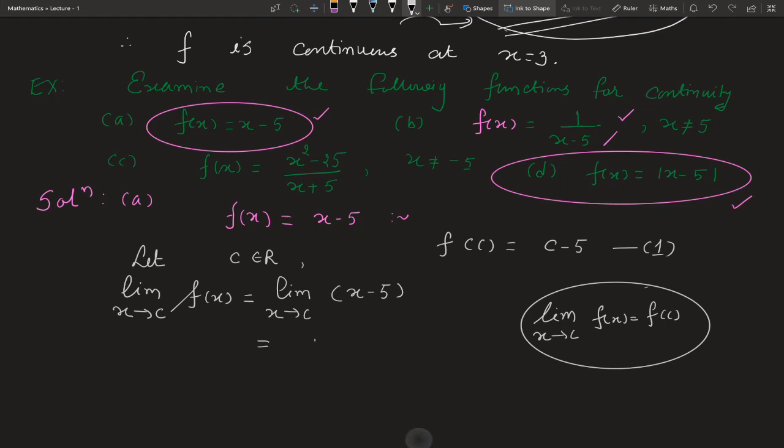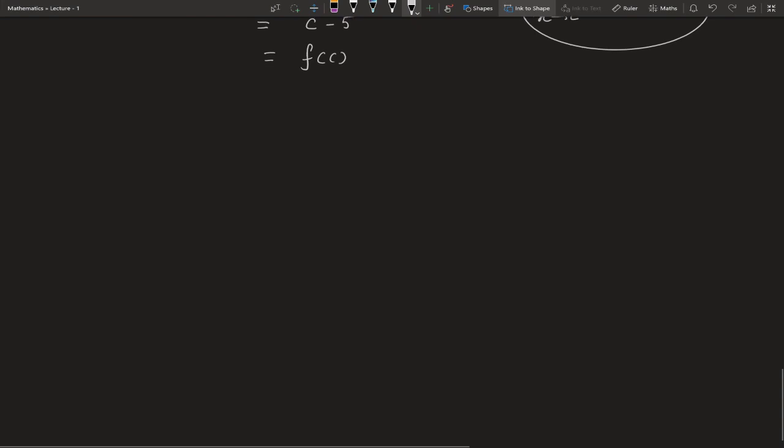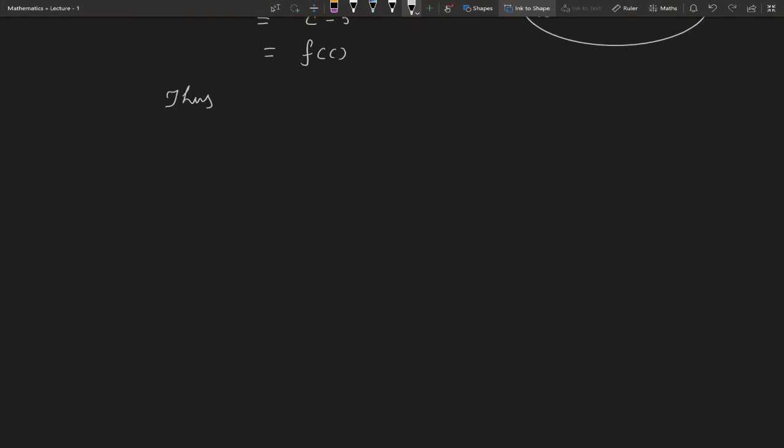Take x equal to C, C minus 5, and this is nothing but f of C. Thus limit x tends to C, f of x equal to f of C, where C belongs to R is arbitrary, therefore f is continuous on R.